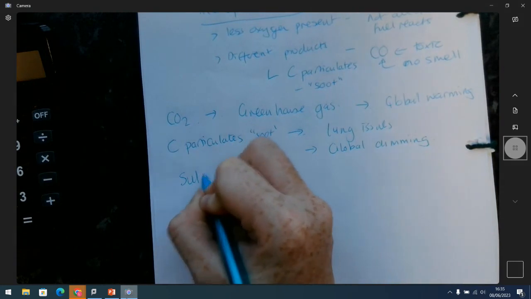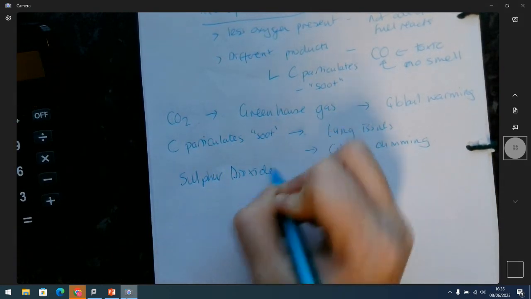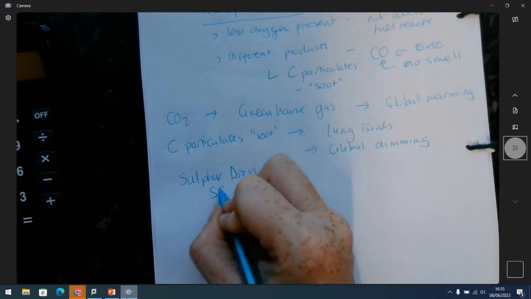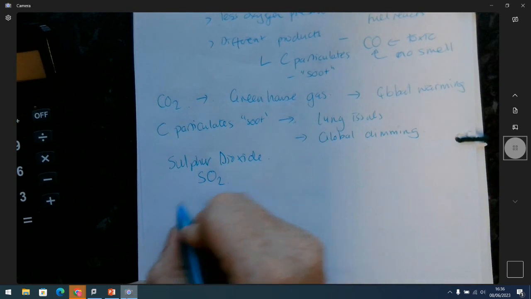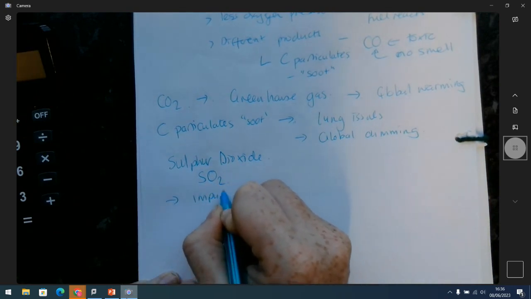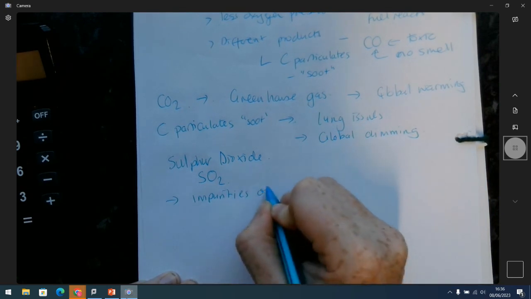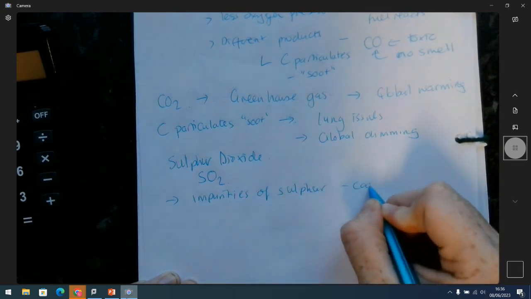So sulfur dioxide, its name again gives it away. So S-di means two oxygens. Now sulfur dioxide basically comes from impurities of sulfur that are sometimes found in coal deposits.